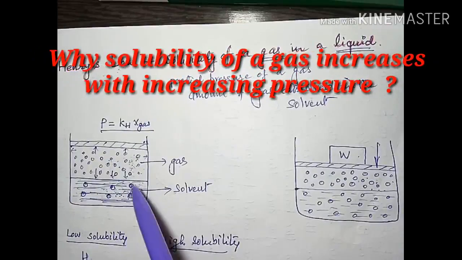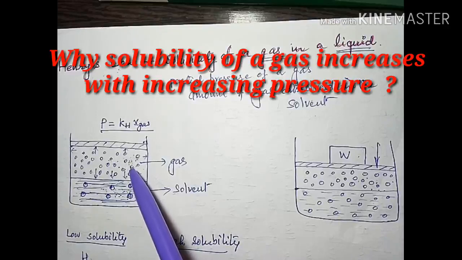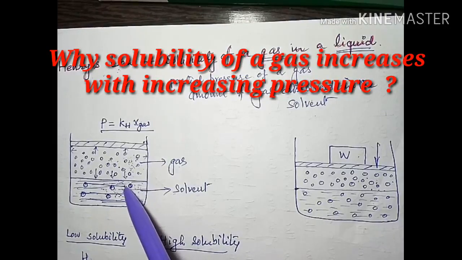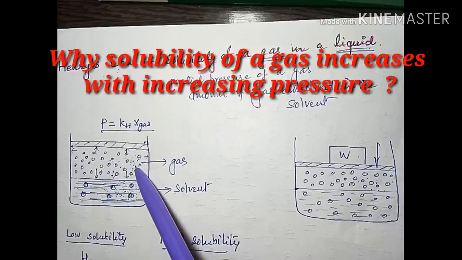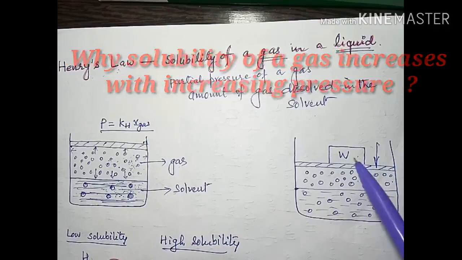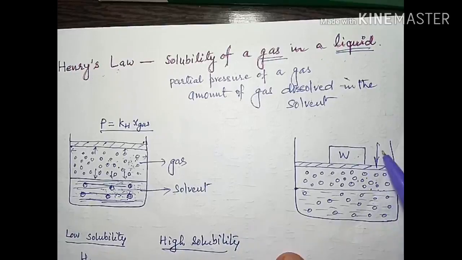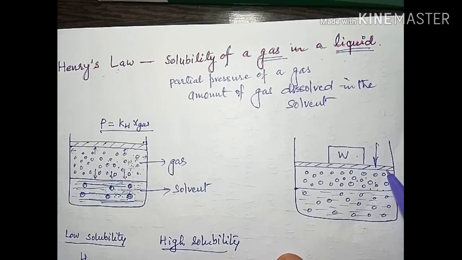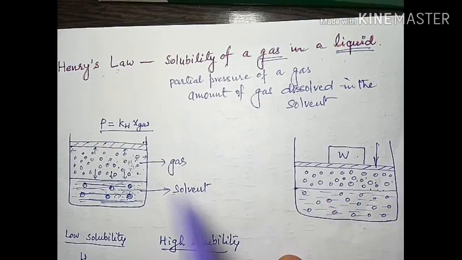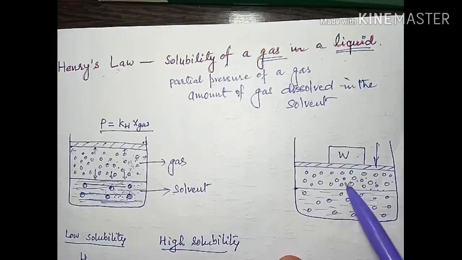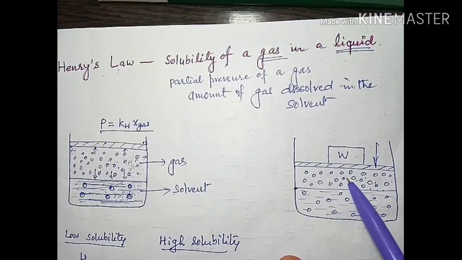Now let us answer the question why the solubility of a gas increases with increase in partial pressure of the gas. We can increase partial pressure by applying weight on this piston arrangement, so the downward pressure increases. The same number of particles are now present in a smaller volume, so per unit volume the number of gas particles has increased.